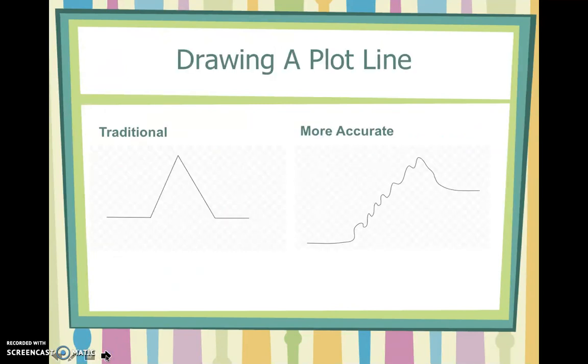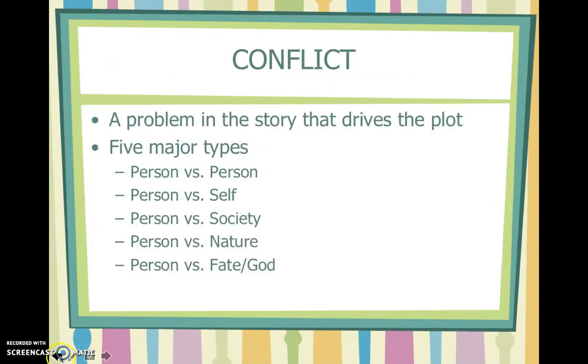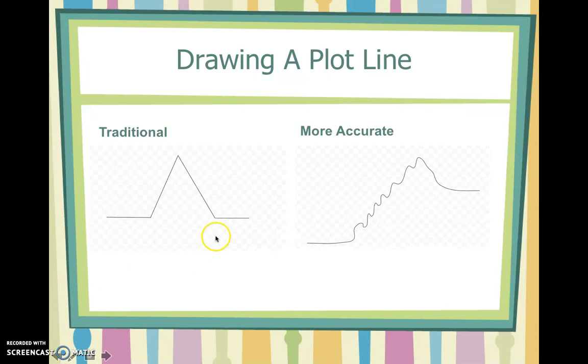When we talk about plot, we often talk about drawing plot lines. And if you've seen a plot line before, you've probably seen something like the one on the left, where you'd have the exposition, the rising action, and here's the climax, here's the falling action, and here's the resolution. I think a more accurate way to draw a plot line is the one on the right.